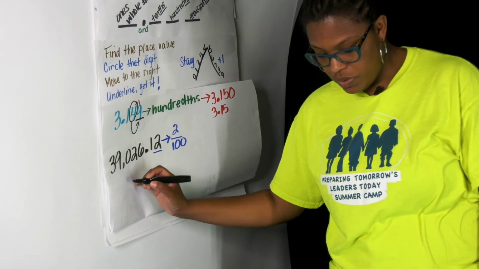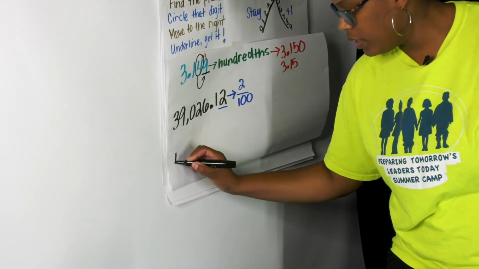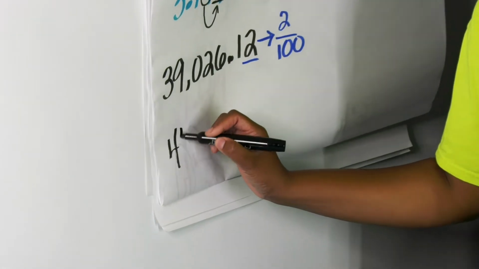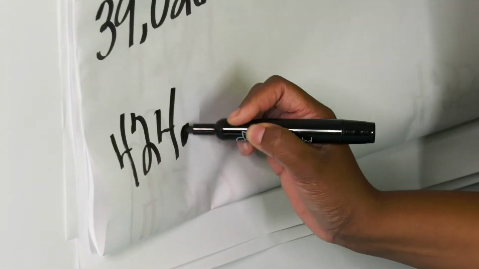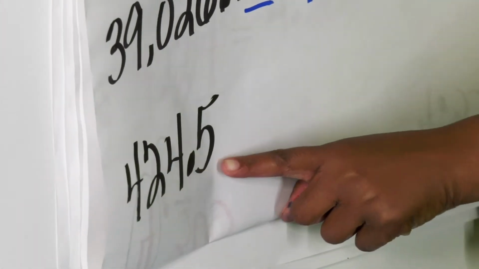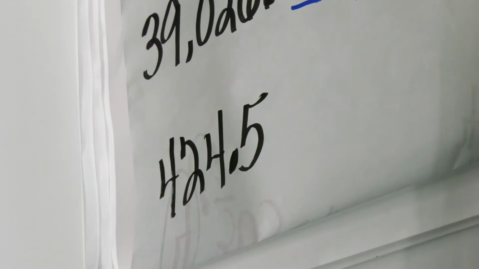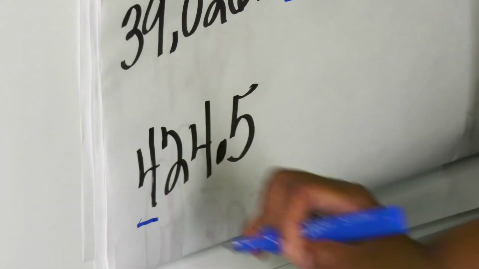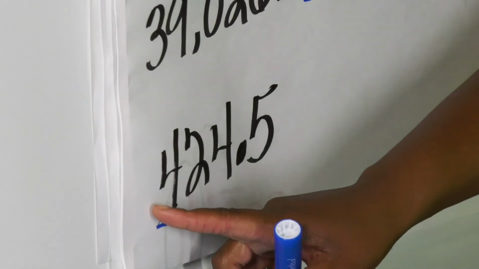So now I'm going to do another example. 424 and 5 tenths. And our underlined digit is going to be this 4 here. So we want to identify the value of the underlined digit.